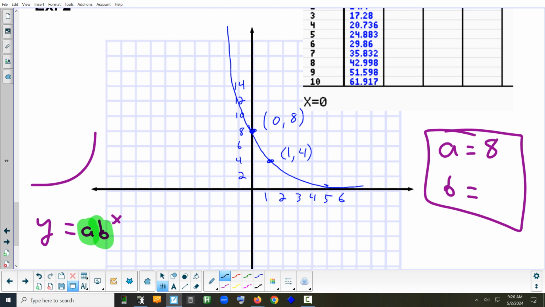The 1 is going to be the x, and the 4 is going to be the y, and the 8 is going to be the a. So we have everything that we need, and we're going to find the b. Remember, when we fill in for x and y, this is just a temporary thing. We're not going to leave the x and the y in the final answer. It's just so we can figure out b.